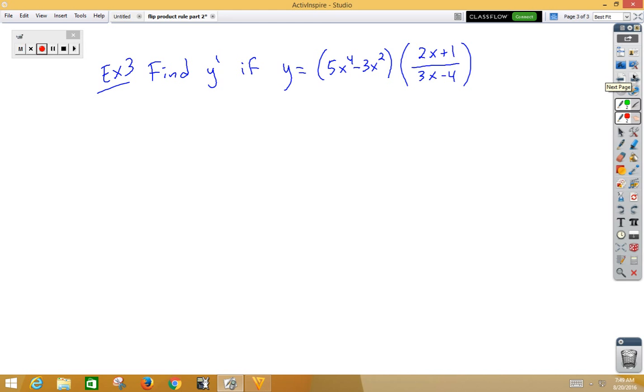In our third example, we have a similar situation, only this time we have quotient rule in our second function. So again, here's f, here's g. When we take the derivative of g, we're going to want to do quotient rule. So we have y prime is equal to first function, 5x to the fourth minus 3x squared, times the derivative of the second.